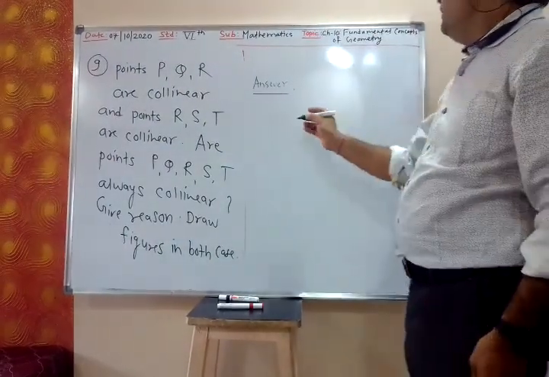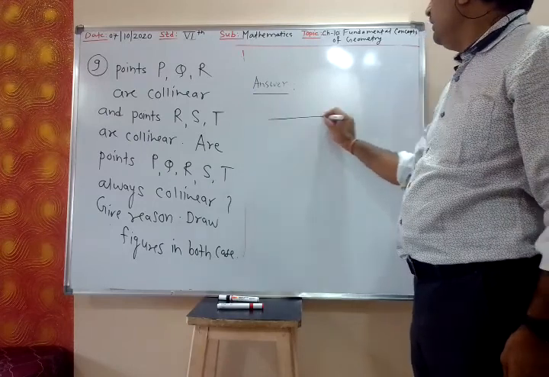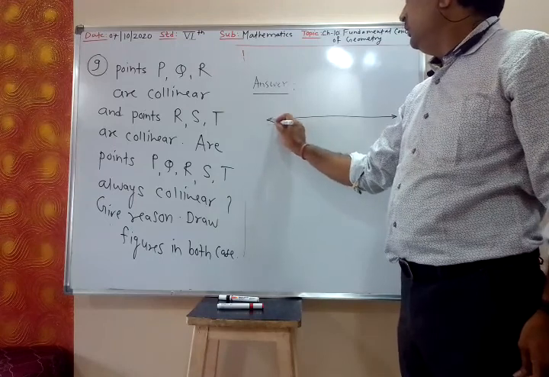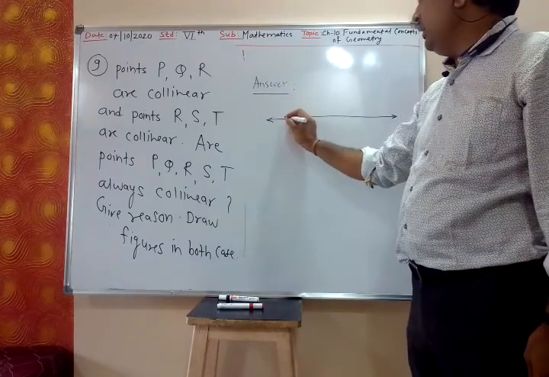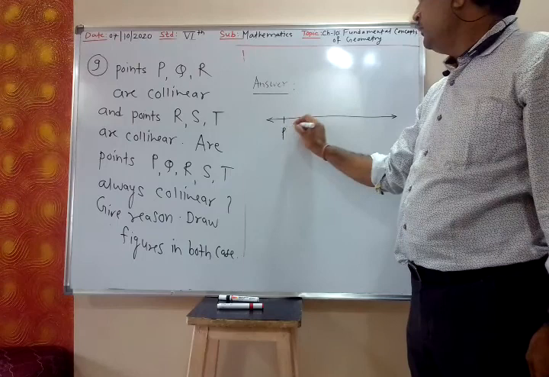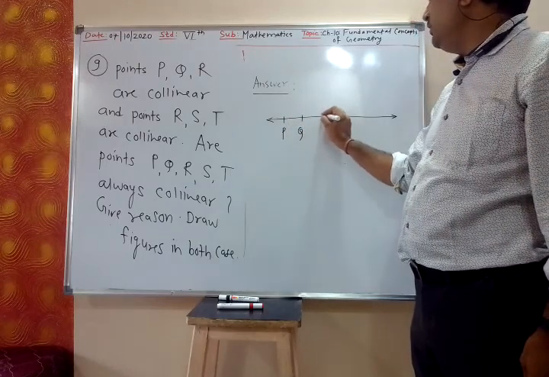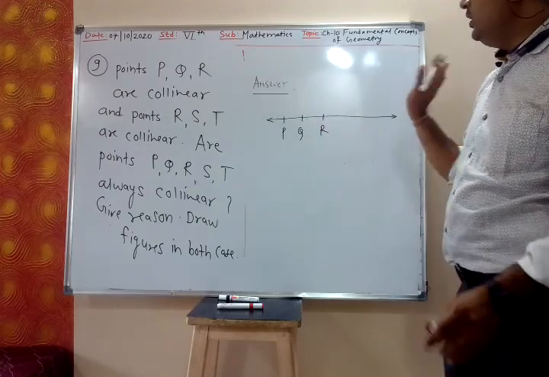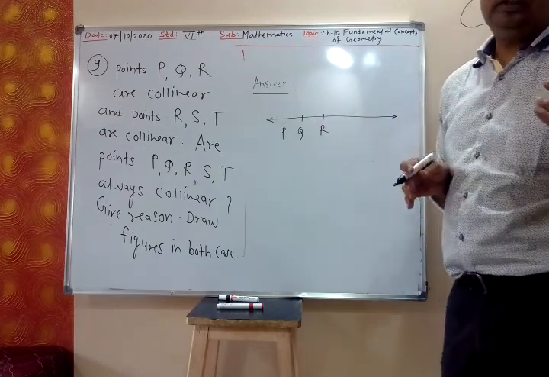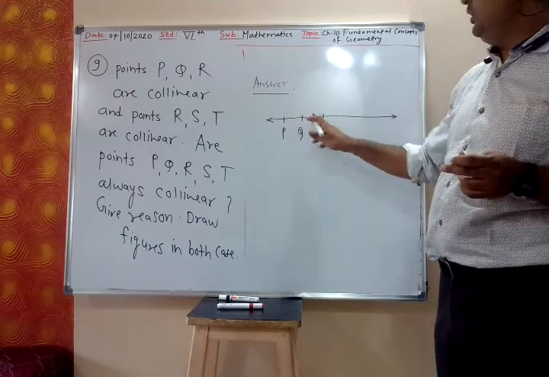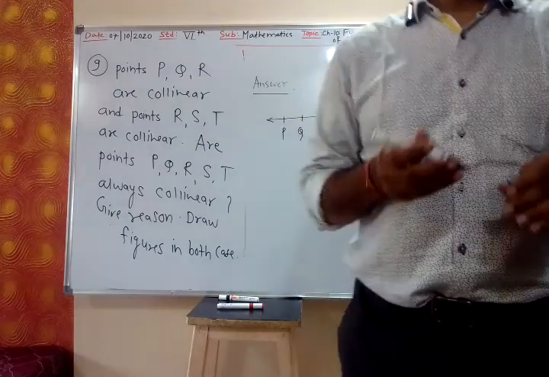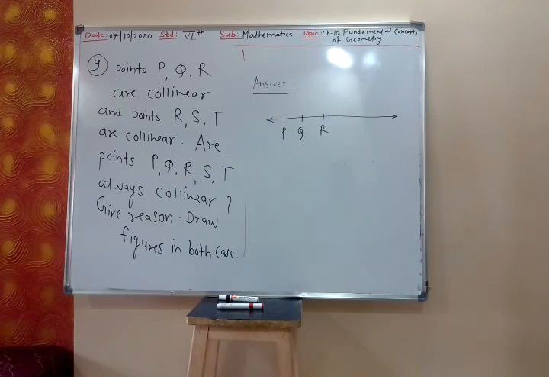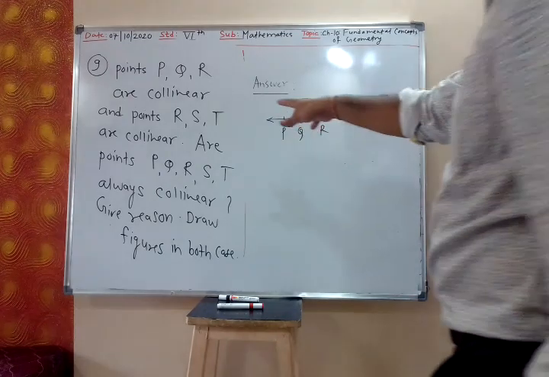So let us take one line and draw P, Q, R. This is my point P, this is my point Q, this is my point R. Are P, Q, R collinear? Yes, because they lie on one single line, correct? So P, Q, R are collinear.